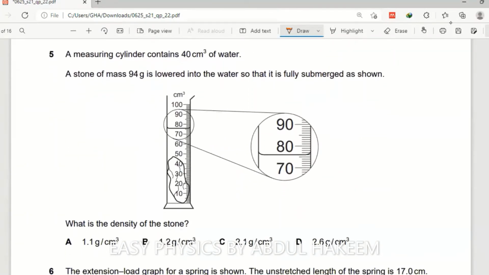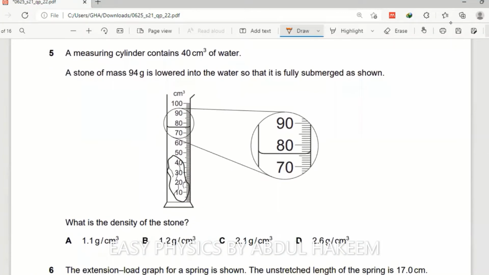Next, the measuring cylinder contains 40 cm³ of water, and a stone of mass 94 gram is lowered into the water so that it is fully submerged as shown. What is the density? Look, the density is equal to mass over volume. The mass is given, 94, and the volume of the water is 40.